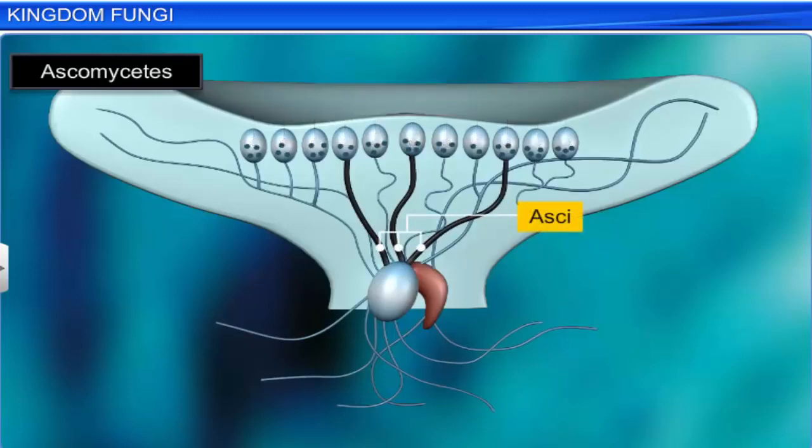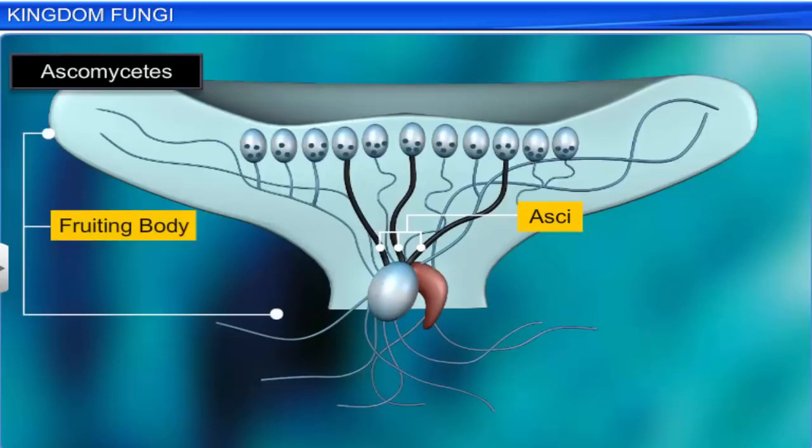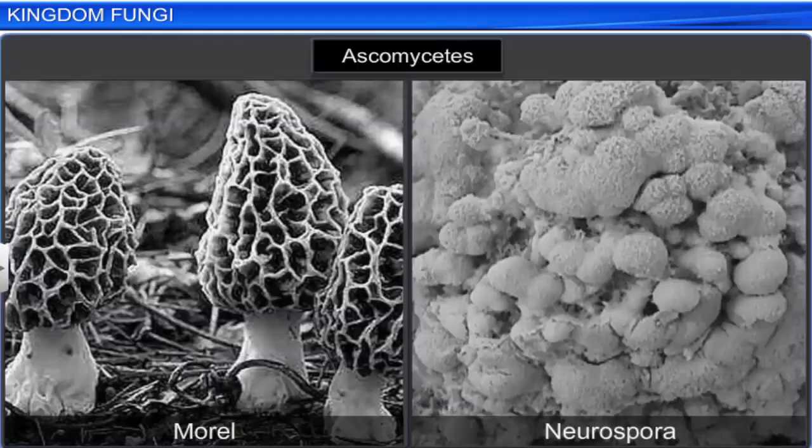The asci, in turn, are arranged in fruiting bodies called ascocarps. Some members of ascomycetes, like morels, are edible, while others, like Neurospora, are used in biochemical studies.